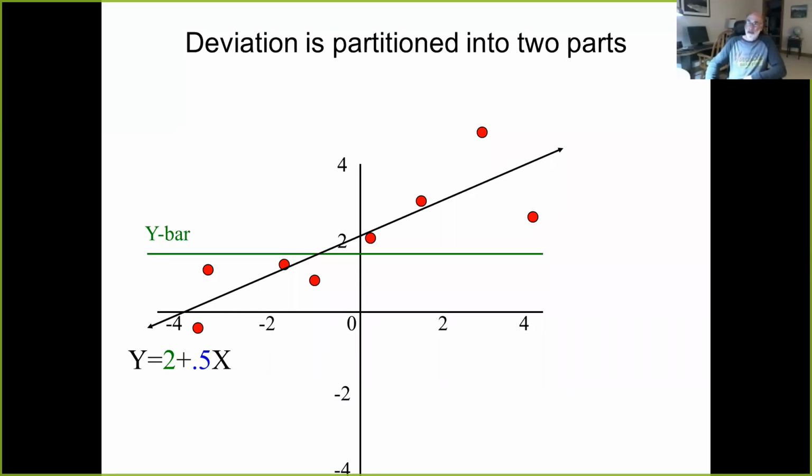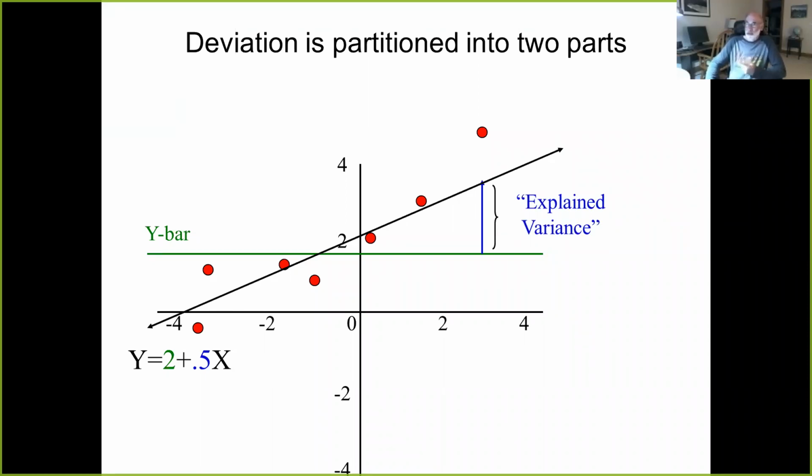The black line tells us we know something about why they deviate from the average, and that's because according to the black line, there is a relationship with x, and when there's a higher value of x, we'd expect a higher value of y. So you can think of the black line as explaining some of the variation of these points.